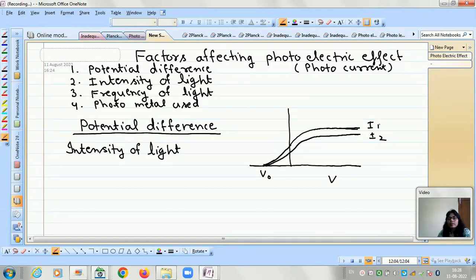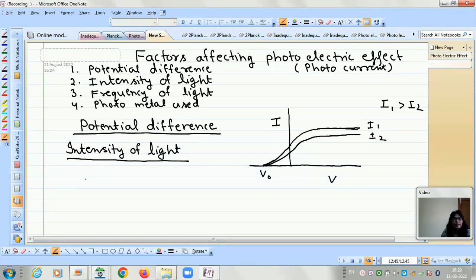So if the intensity is more, then there will be more photocurrent, and if intensity is less, the photocurrent is also less. Here I1 intensity is more than the I2 intensity, and here I is the photocurrent. So this is the effect of the intensity of the light.